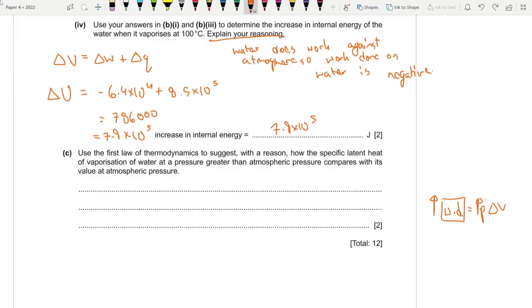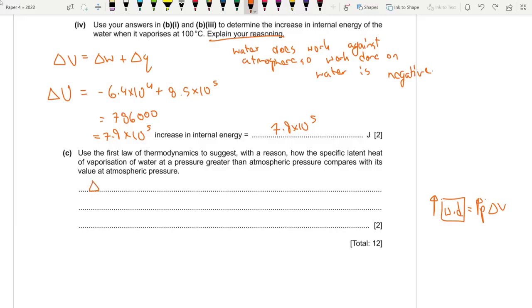So as the value of pressure increases, the work done against the atmosphere will also increase. So what will happen to the value of the latent heat? Okay, let's try to understand.